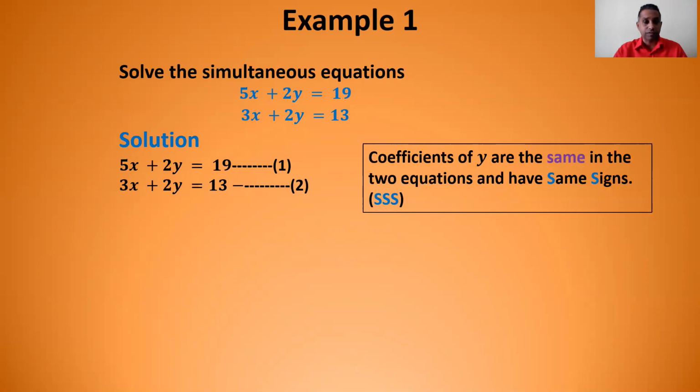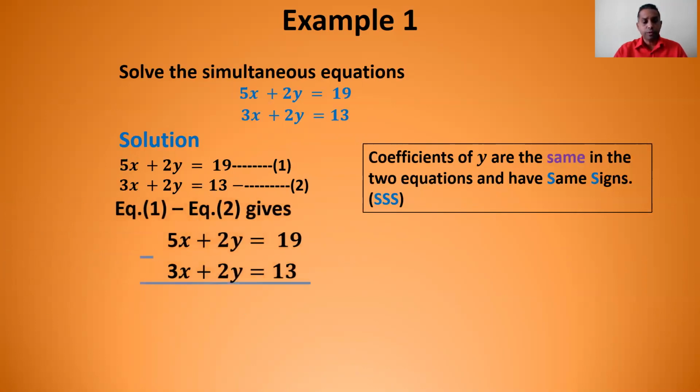This is done as follows. We write the two equations one underneath the other and we subtract. By doing so, the terms in y are eliminated and we are left with 5x minus 3x on the left hand side is equal to 19 minus 13 on the right hand side.